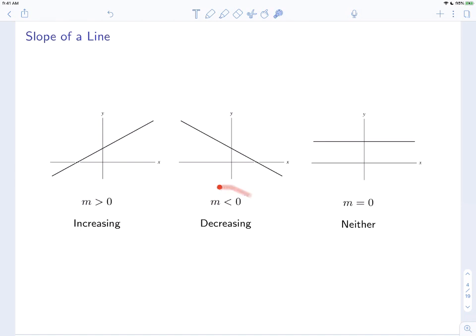Now, on the other hand, if your slope is negative, that means the linear function is decreasing. So as x goes from left to right, the y values get smaller, so the function is decreasing. If the slope is 0, then the function is neither increasing nor decreasing, it's just remaining constant. And in fact, the equation of this line is y equals b, where b is the y-intercept.